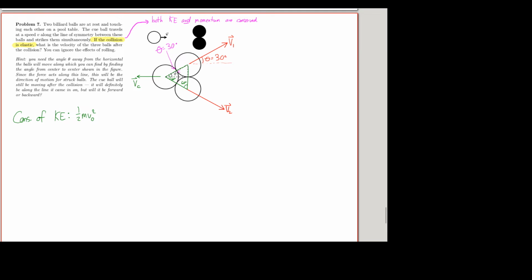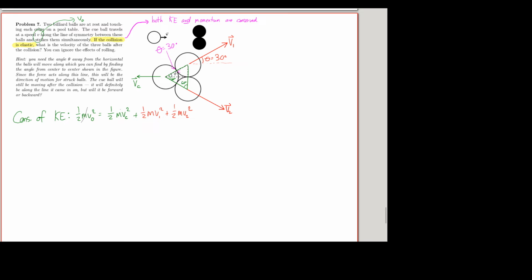So I know that momentum and kinetic energy are conserved. So the conservation of kinetic energy equation tells me that 1/2 m v naught squared, the kinetic energy in the beginning, equals the kinetic energy that the cue ball takes away at the end, plus the kinetic energies of the two other balls that have been struck: 1/2 m vc squared plus 1/2 m v1 squared plus 1/2 m v2 squared.